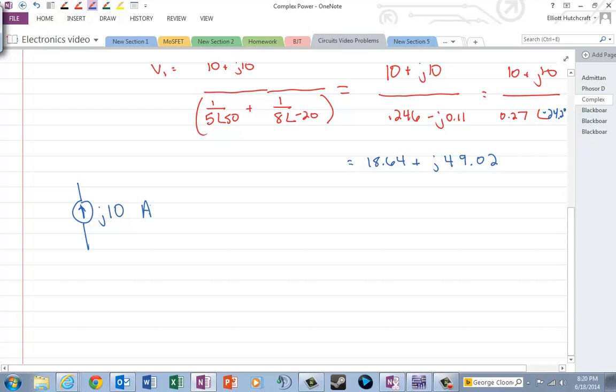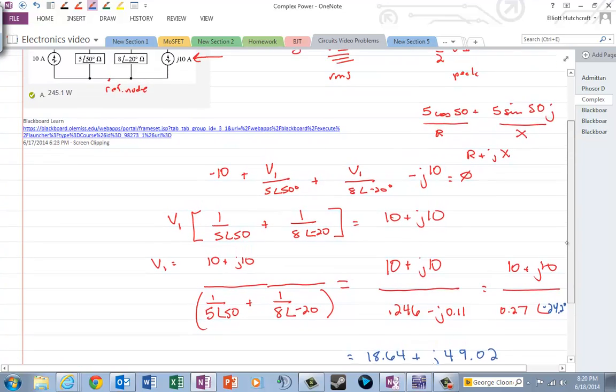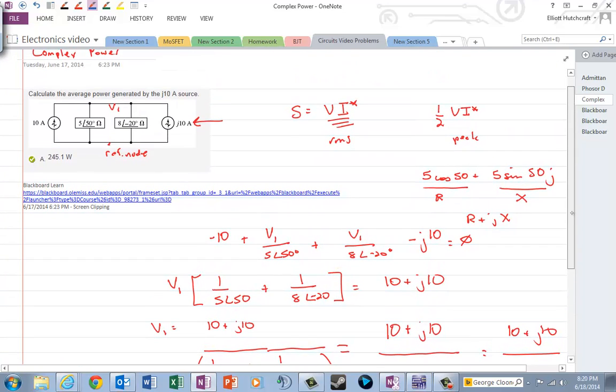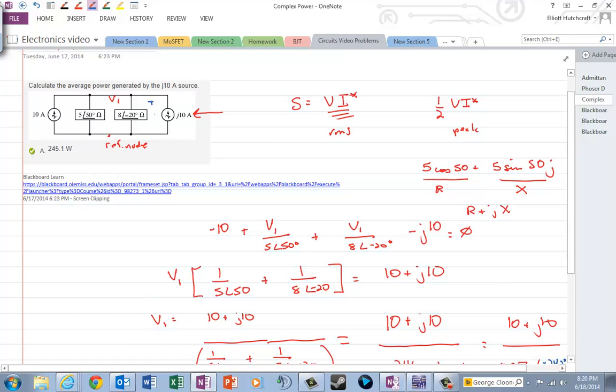If I'm finding complex power absorbed, I know that I'm supposed to have the current flowing from plus to minus. So that voltage, if I call it Vs, you can see that Vs is the opposite of my V1, because V1 is plus to minus that way.